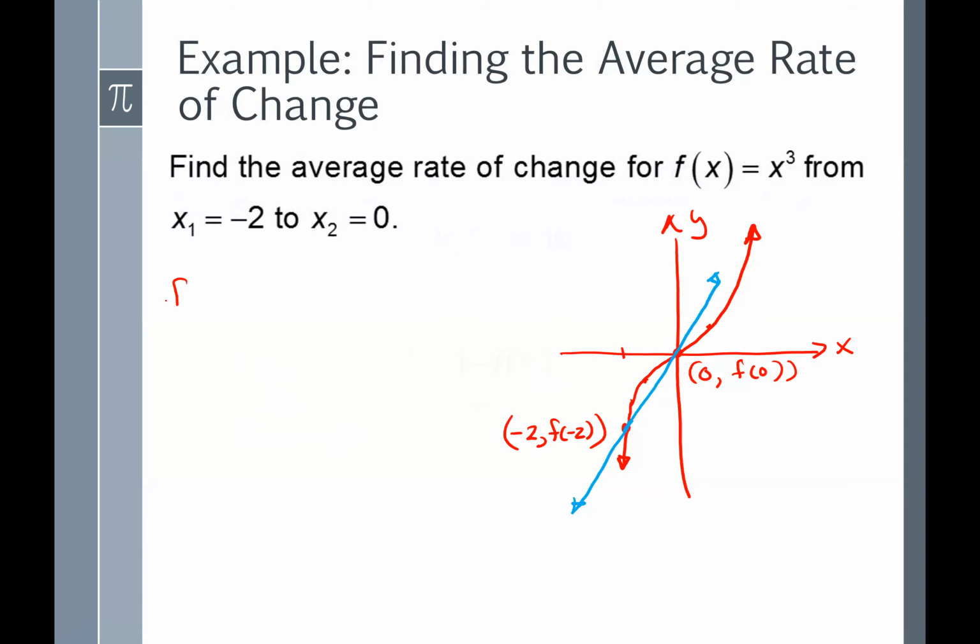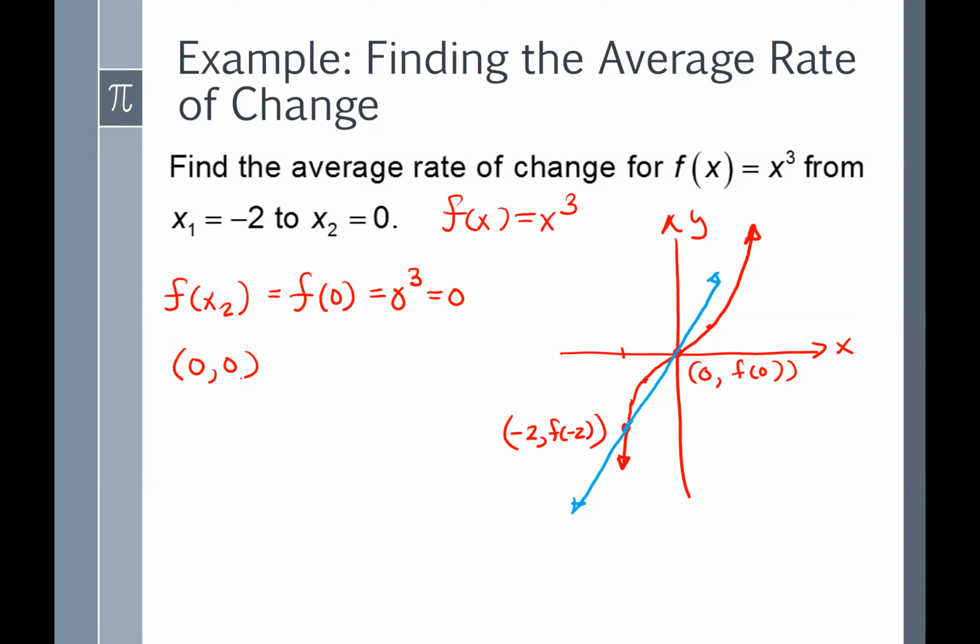I'm going to first find f of x sub 2. So I'm going to take my function f of x equals x to the third, and evaluate this function at 0, which means to replace the x with the number 0. So f of 0 is 0. So my first point that I'm going to be using to find the average rate of change is (0, 0).